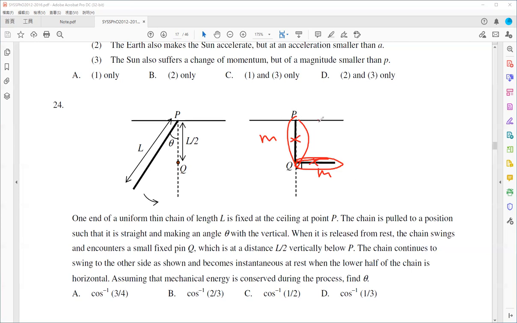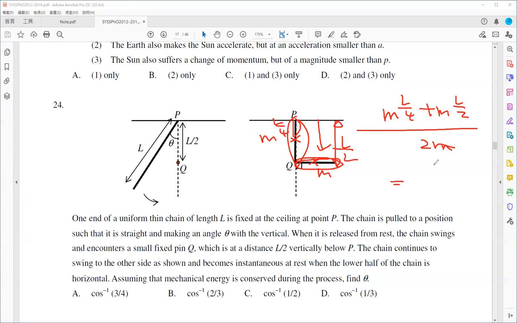From the point P, this has a distance L/4, and this has a distance L/2. So M times L/4 plus M times L/2, divided by 2M. Then what you get is 3L/8. Yeah, it's 3L/8.